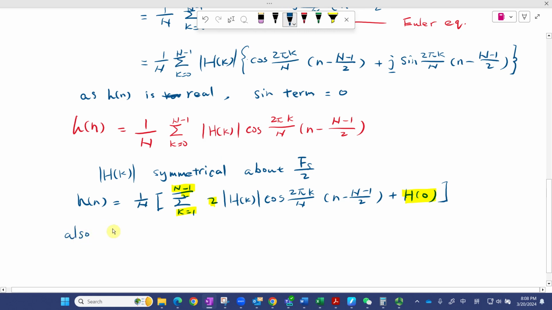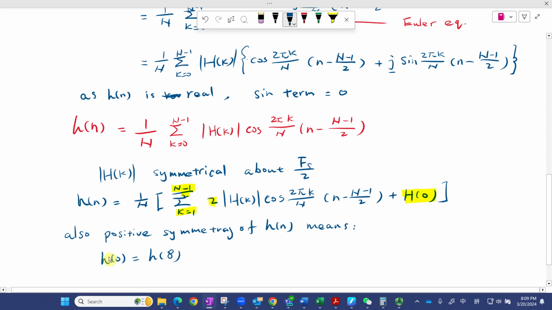Also, we find the positive symmetry of Hn. Because of the positive symmetry of Hn, this actually means that H0 just equals H8.